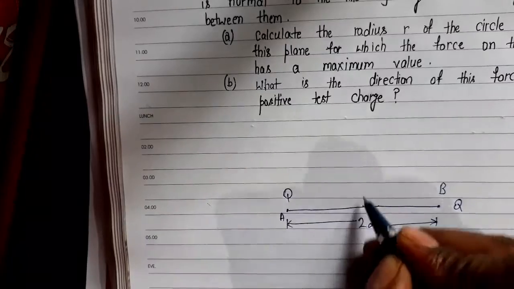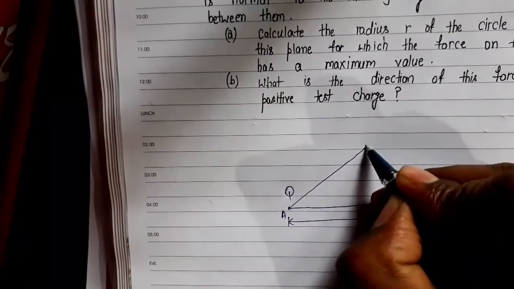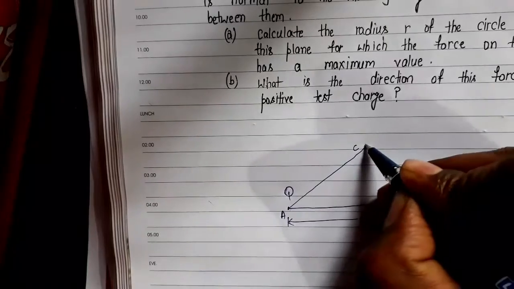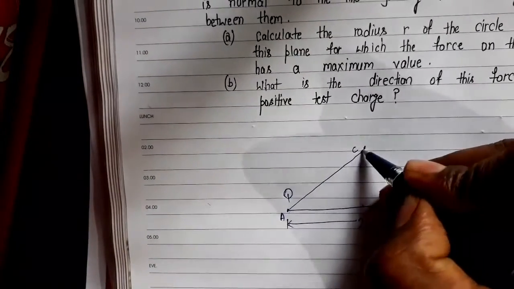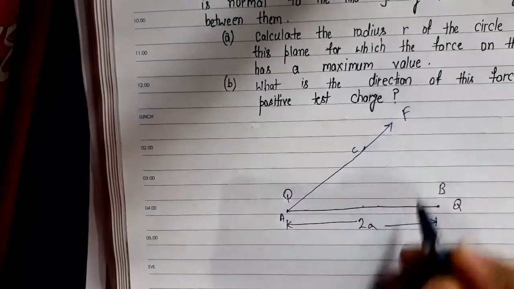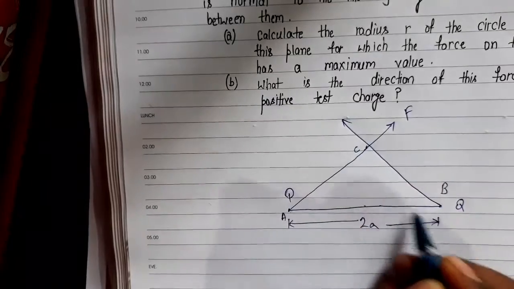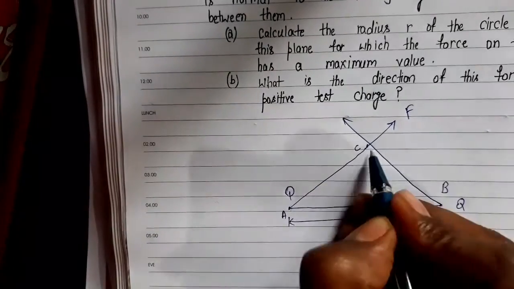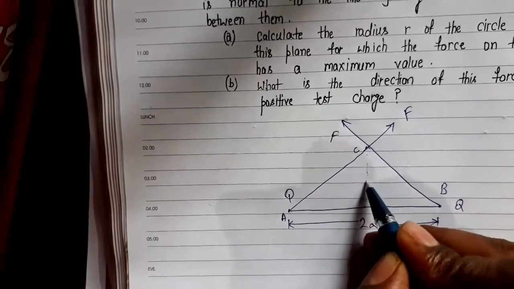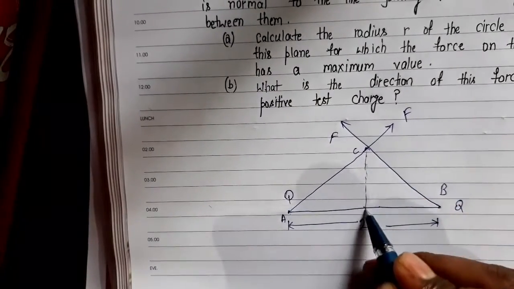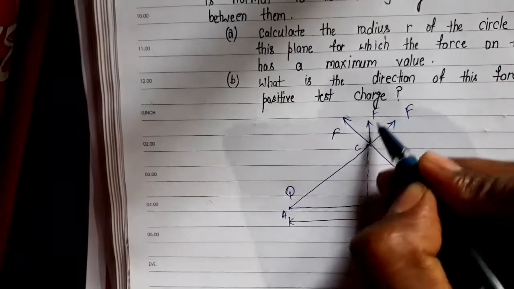On this perpendicular we put another test charge, C. There is a repulsion, and this force acts in this way, and another force acts from B to C in this direction. So the resultant will be in this direction.